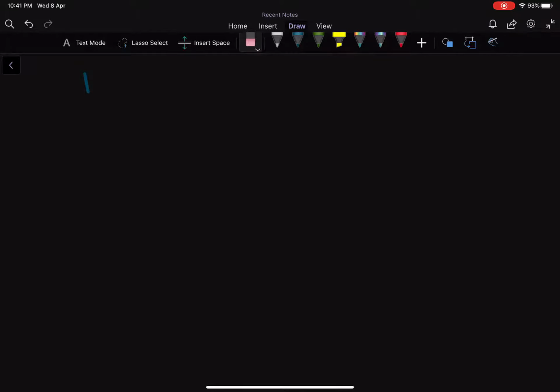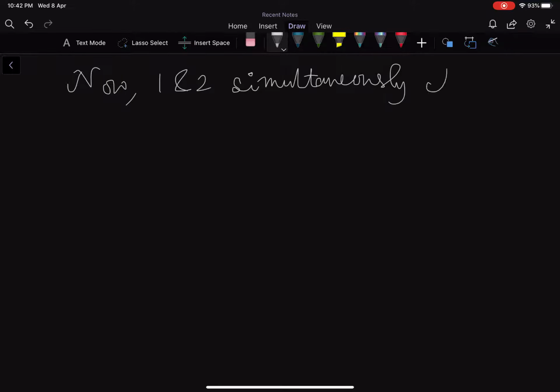Suppose now player 1 and 2 simultaneously choose p1 and p2.